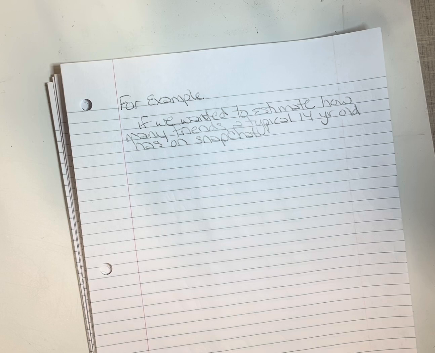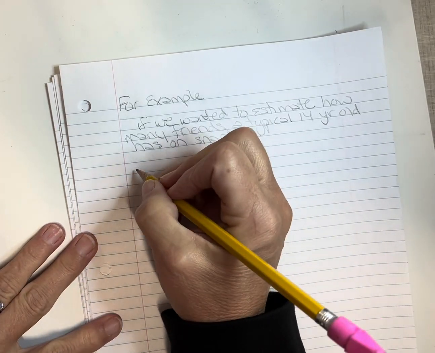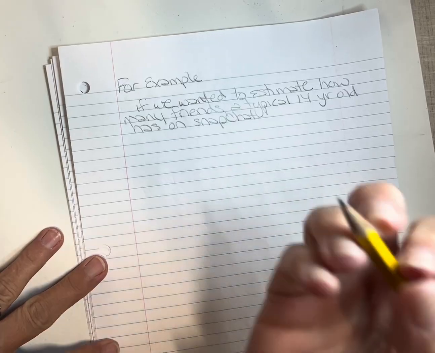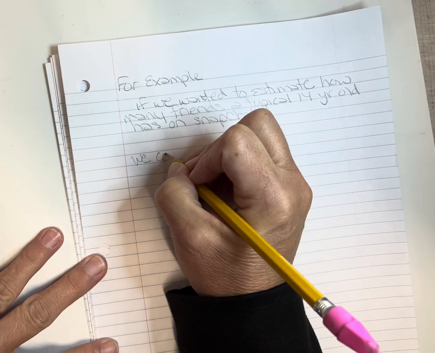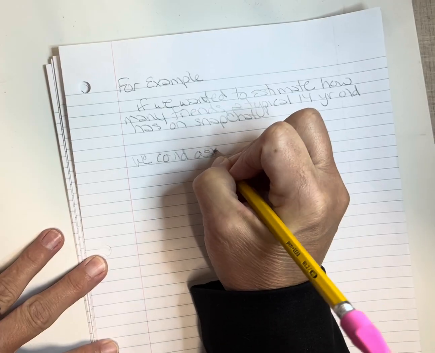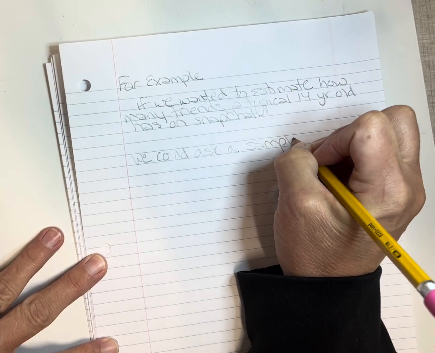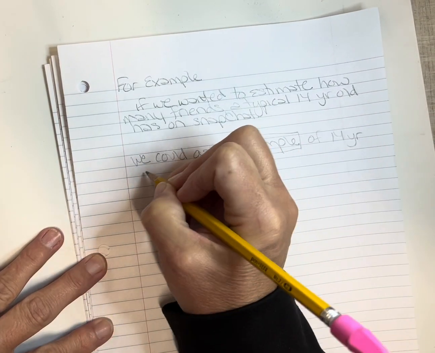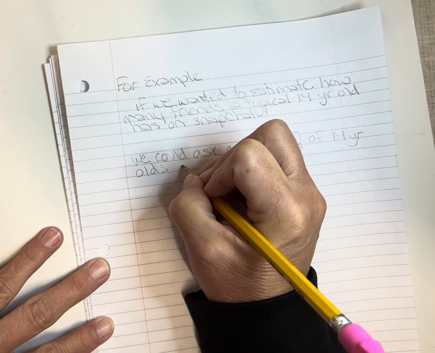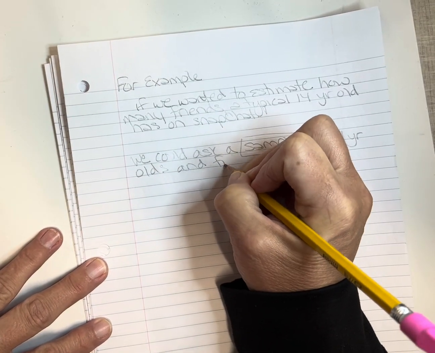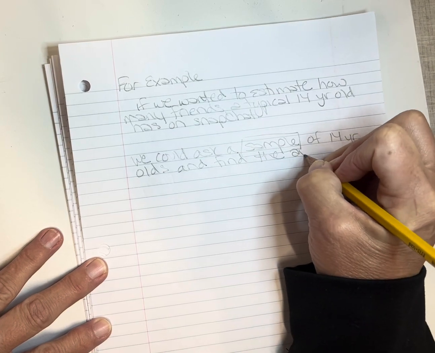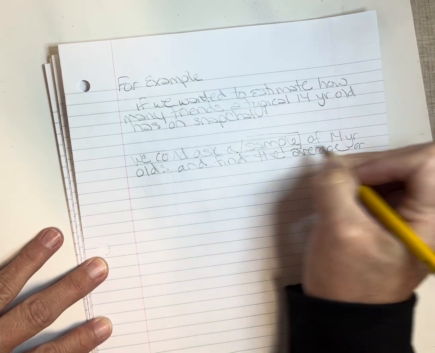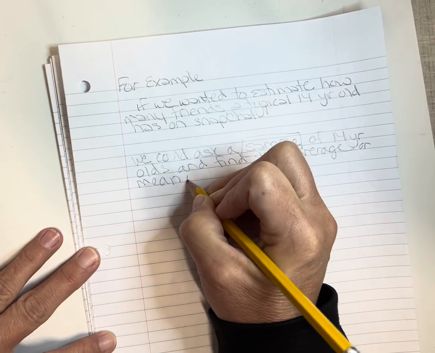Maybe somebody could, maybe Snapchat would have that information, but if we wanted to try to estimate it, we could ask a sample of 14-year-olds and then find the average or the mean, same thing, of the sample.